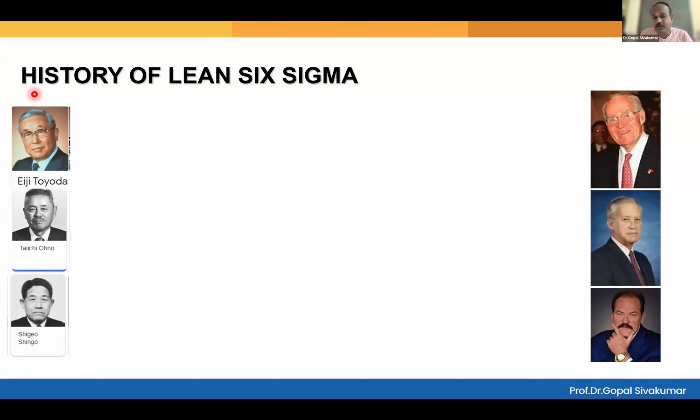In fact, the Japanese people visited Ford and benchmarked the best practices, and that's how they developed the Toyota production system. And this made magic for Toyota. And then people across the globe wanted to copy the Toyota production system and use it in their company.